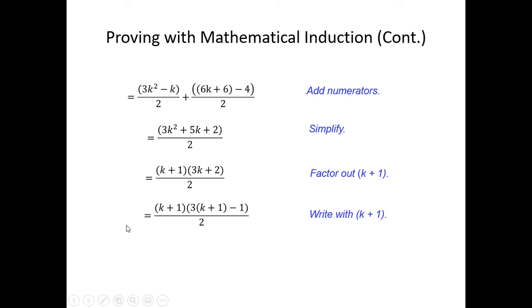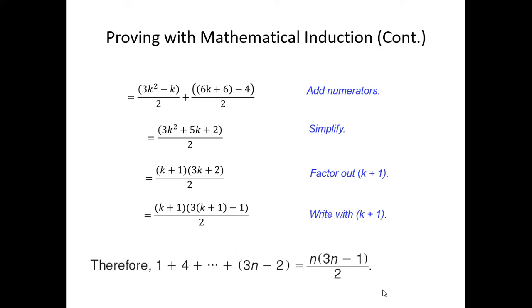And this is the form that we're looking for because we wanted to prove this. So now my k plus 1 term is equal to k plus 1 times 3 times k plus 1 minus 1 all divided by 2. So I indeed did prove what I was setting out to do. So I'll give you a couple seconds to get those notes down.